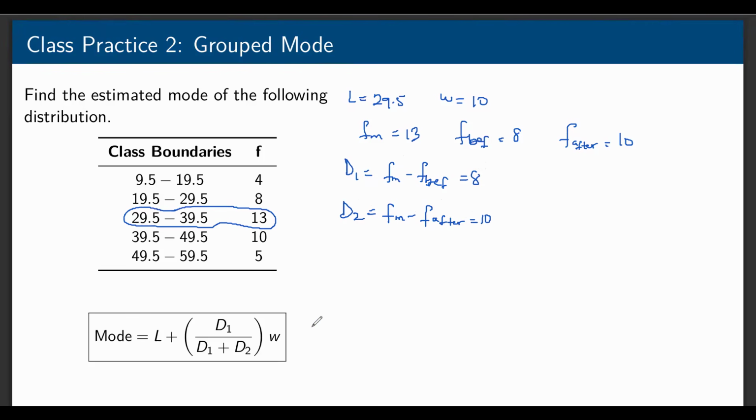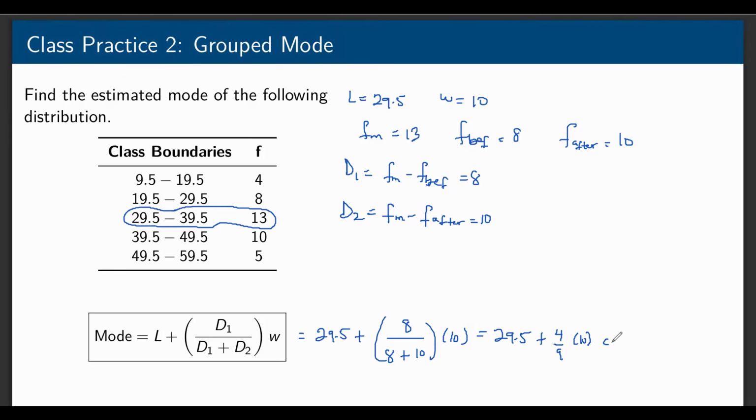So putting it back into the formula, we have L, which is 29.5, plus D1, which is 8, over 8 plus D2, which is 10, all times W, which is 10. So we can put all this into a calculator. And then we are getting 29.5 plus 4 over 9 times 10.